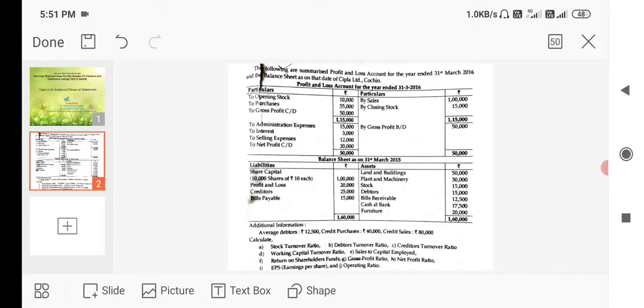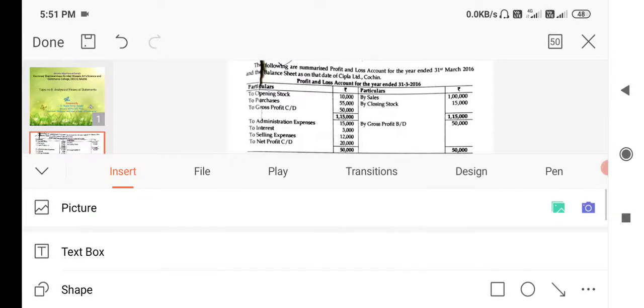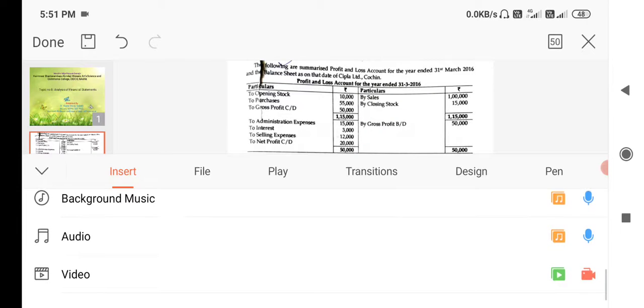Firstly, we calculate the stock turnover ratio. Stock turnover ratio is equal to cost of goods sold upon average stock.